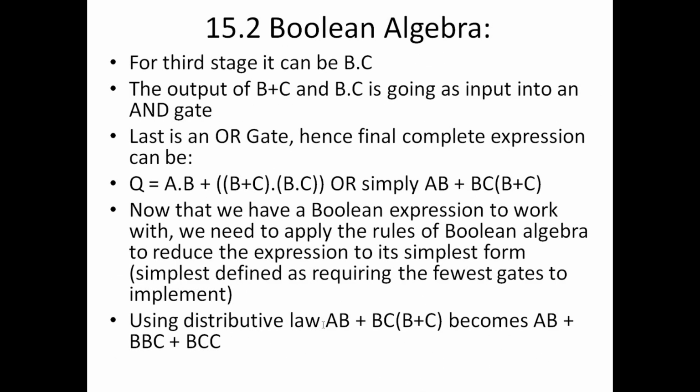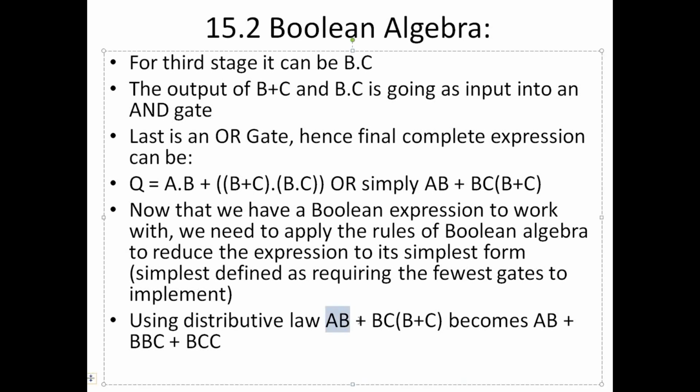So this AB would remain same, this OR gate, or plus, would remain same, this BC would be multiplied by this B, it becomes BBC, this BC would be multiplied by C, becoming BCC.